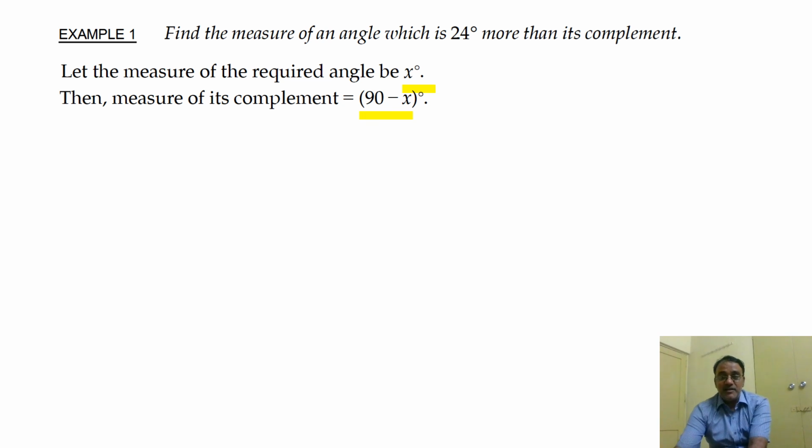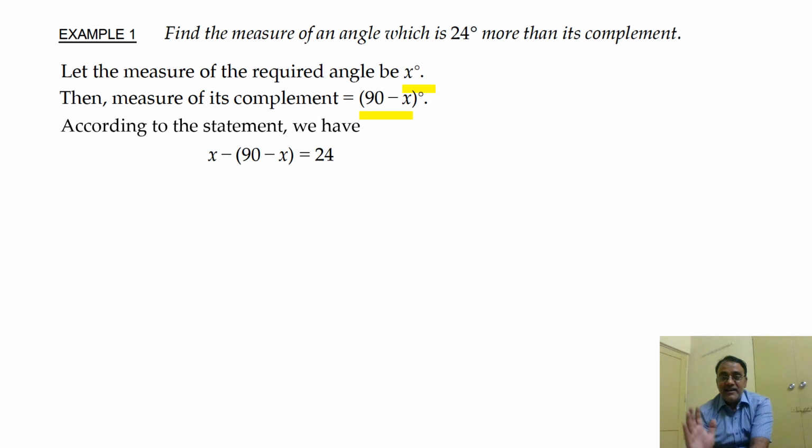And according to the statement, x minus the difference. The other angle is 24 degrees more, so the difference between the two will be equal to 24. Okay, if we open the bracket and solve, we get 2x equals 24 plus 90.